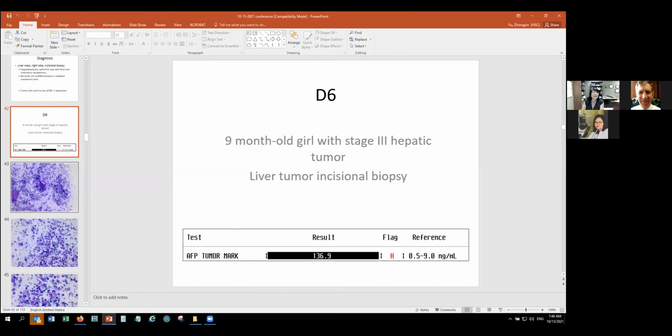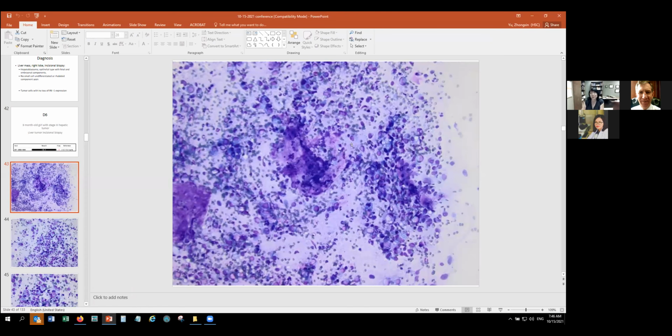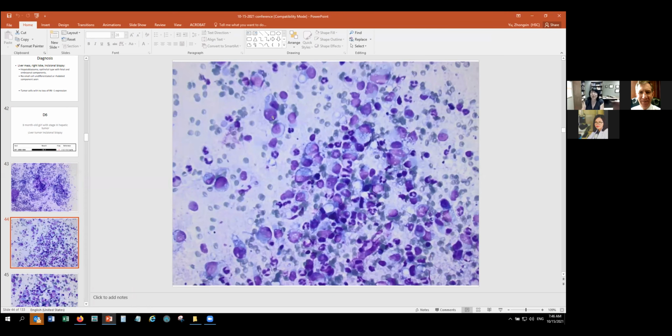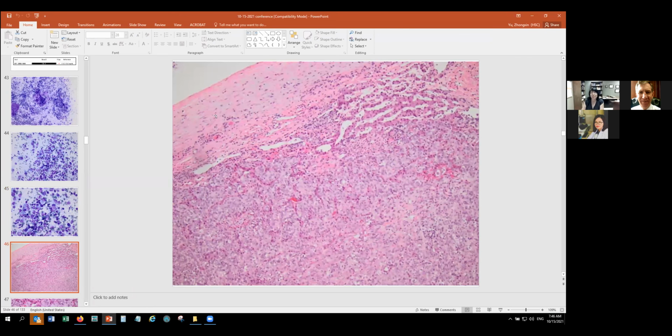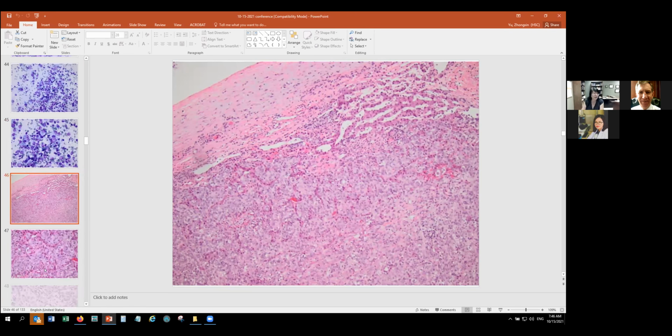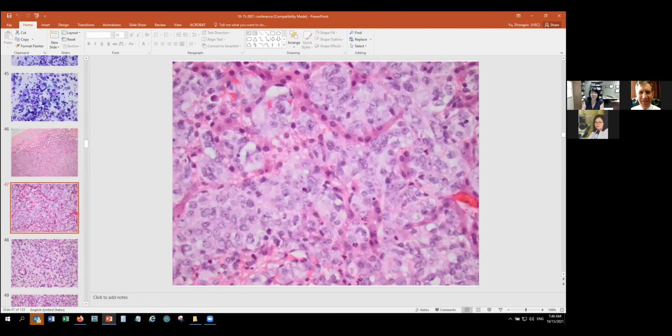So that's D6. Touch imprint, you see clusters of tumor cells, epithelial looking, with some cytoplasm. Actually here you can see some eccentrically located nuclei, but you did not see the cytoplasmic inclusions. That's the biopsy. You have a little residual hepatocyte. Small cells, and that's residual normal hepatocyte.